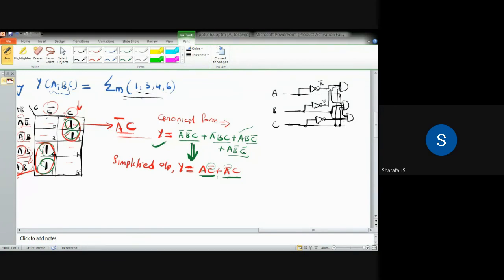And the last one is A B bar C bar. A B bar C bar means A is this one, B bar is here, then C bar. So I take each of that. I am having A here, A I have taken already up to this, and from here I will take B bar.